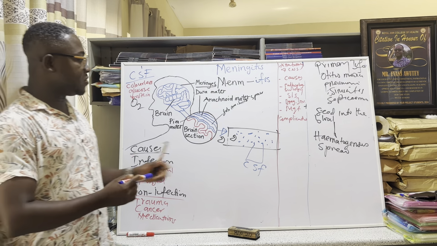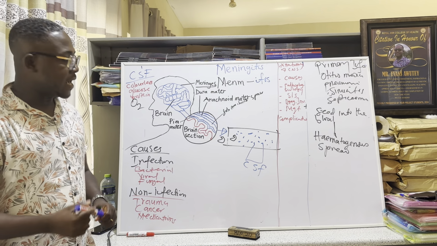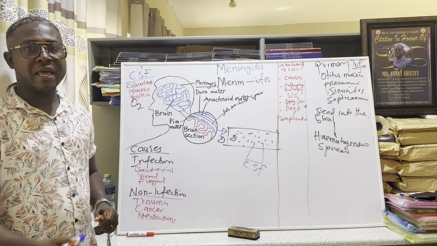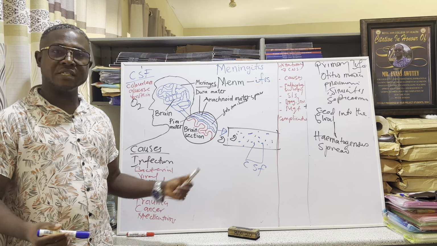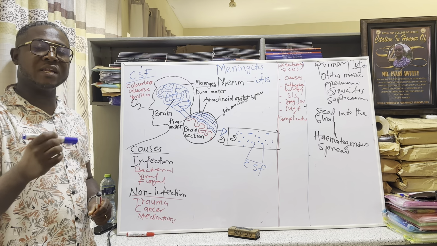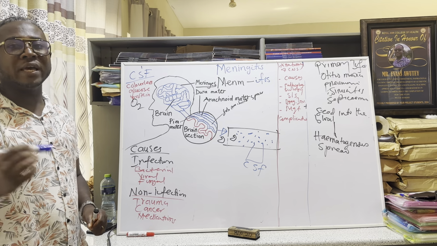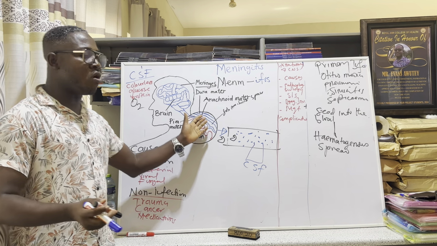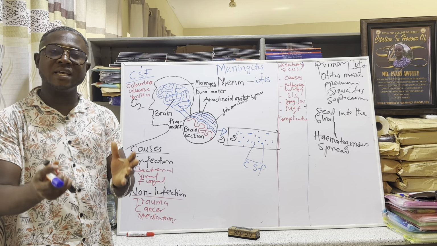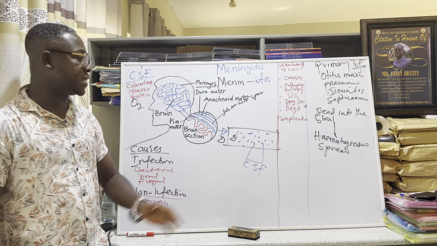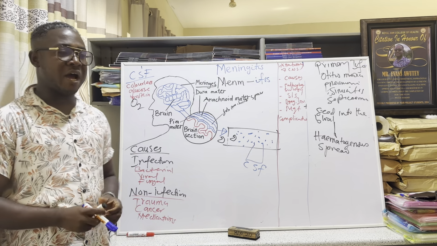Now we have a bacteria that have entered, and the bacteria is going to cause inflammation. And inflammation, we know that one of the key things that happen is increased permeability and vessel dilation. That means that more of the blood that contains the bacteria causing the infection can get into the subarachnoid space.